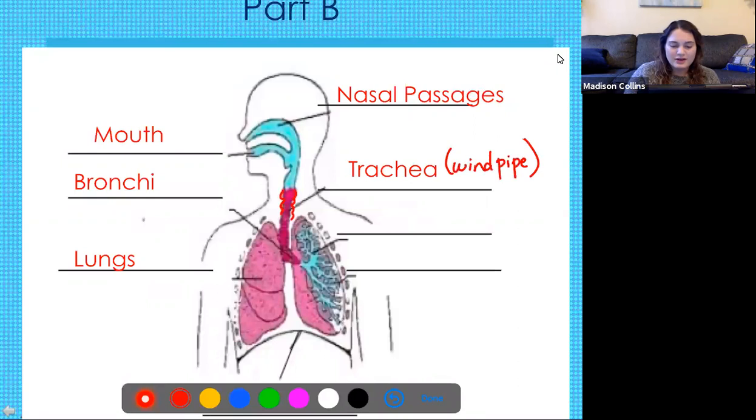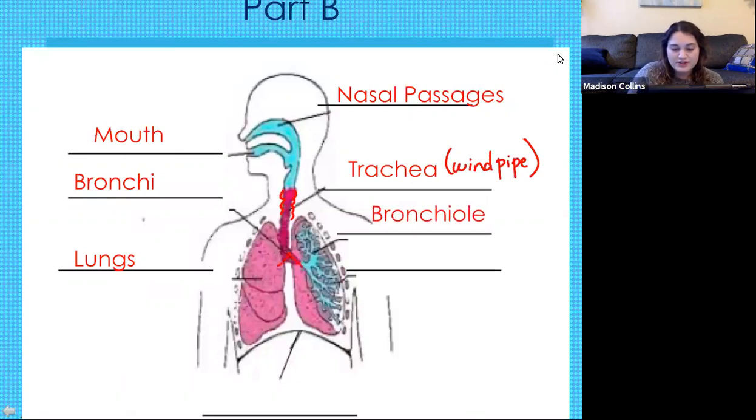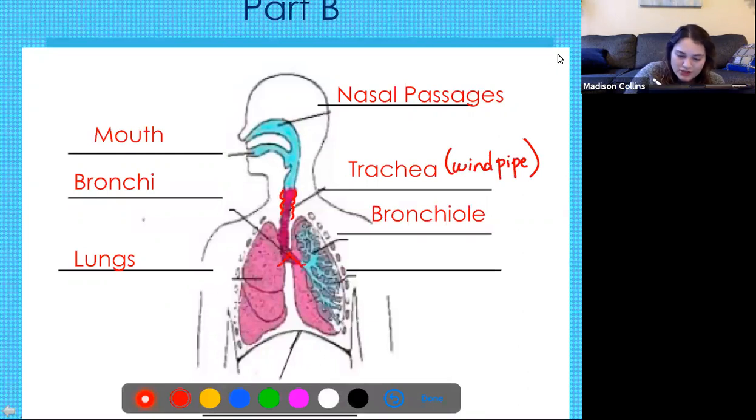Okay. Now, eventually, I told you guys those bronchi are going to split even further into bronchioles, which are going to be these tiny little tree-like or kind of root-like extensions that extend throughout the entire lungs. So those bronchioles fill up your entire lungs. And then at the very edge of each of those bronchioles, there's going to be, let's do these in green, these tiny little circular sacs or structures.